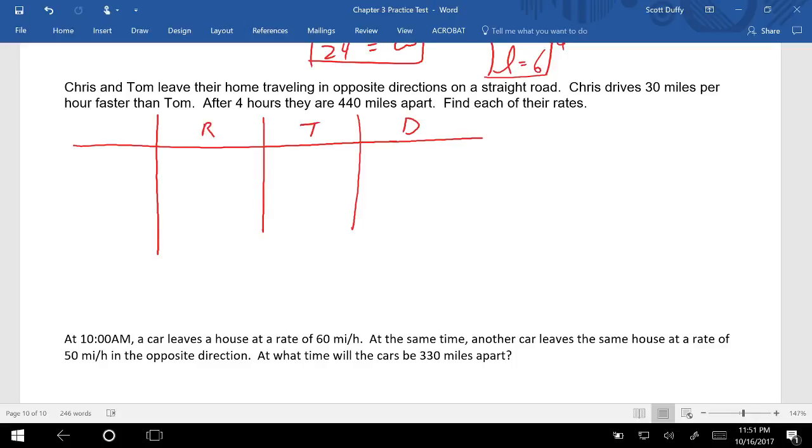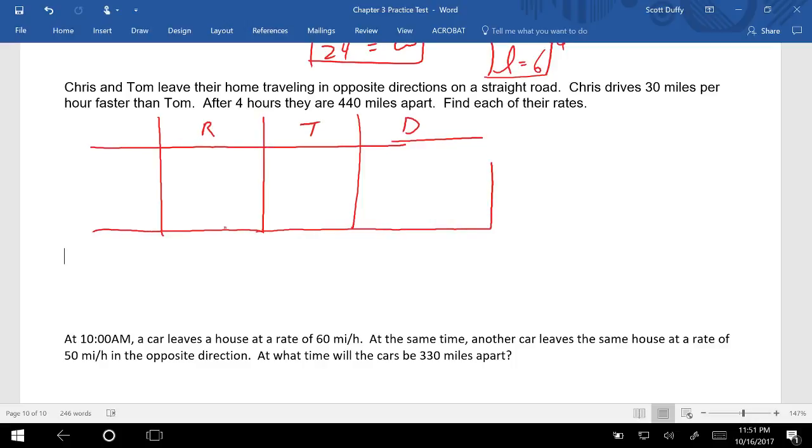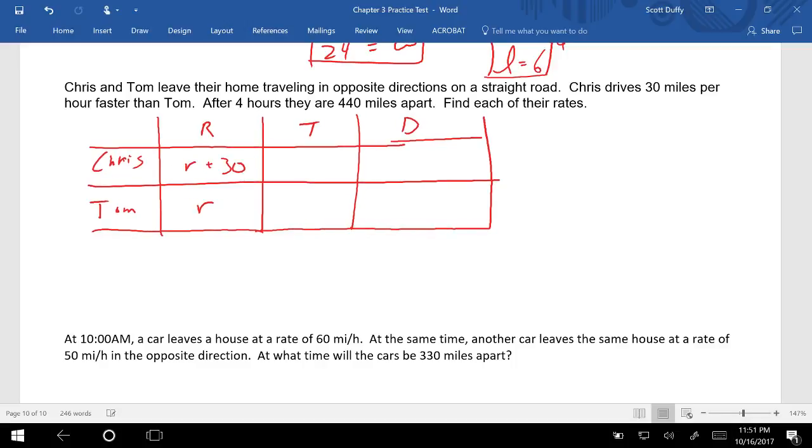So put the rate first, the distance. And say Chris, Tom, and Chris is going 30 miles per hour faster than Tom. So if Tom is going a rate of R, Chris is going R plus 30.